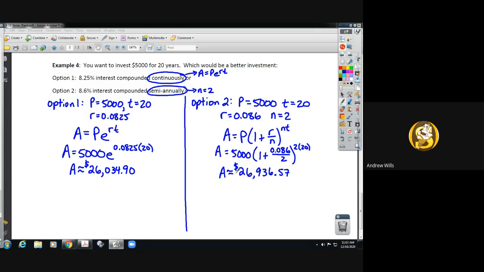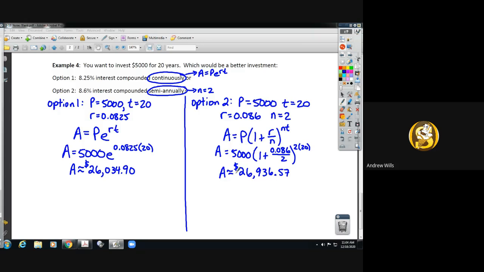So essentially, it's worth noting that the interest rate itself is not as important as how often you are compounding. You can have a lower interest rate and compound more times per year, and you'll end up with more money down the road.